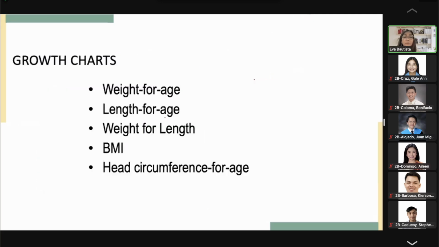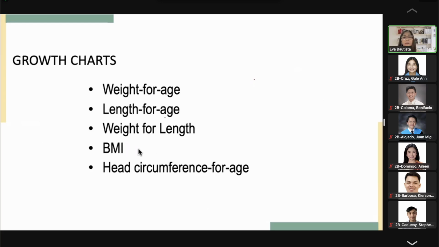So I have presented earlier the different growth charts. The first one is the one you see on the vertical line. And the second one, for length for age, is the one you see on the horizontal line. And we have the BMI. This is actually BMI for age. We compute the BMI and then we plot it against the age.